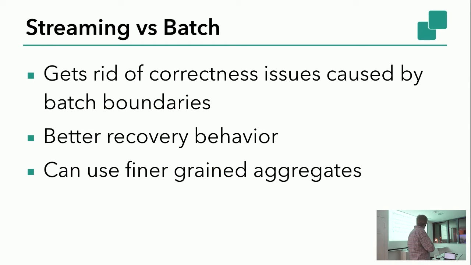So better recovery behavior can be quite important. It's also quite feasible in Flink to have finer-grained aggregates. Since we don't have this correctness issue around the hour boundary, we can aggregate by minute, for example, if we want to.